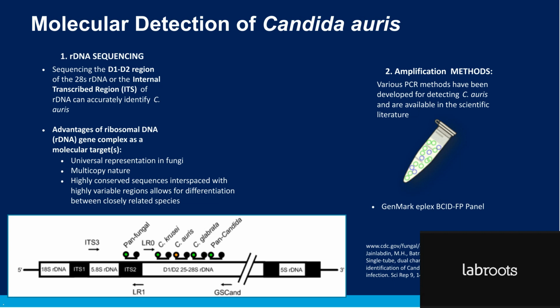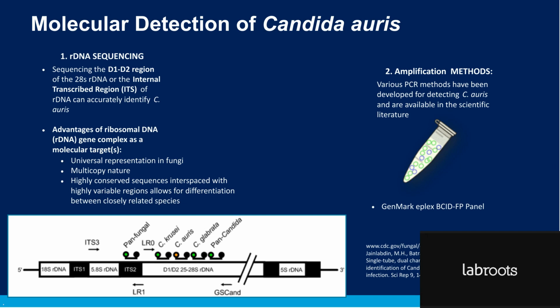It has multi-copy nature, so it's easier to pick up. There are these really well-conserved regions, but they're also interspaced with highly variable regions that allow for differentiation of closely related species, as you can see in the graph here at the bottom of the slide. So obviously, this is a very good way to conclusively identify Candida auris.